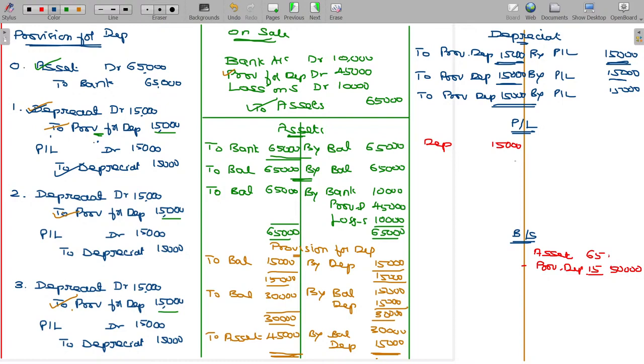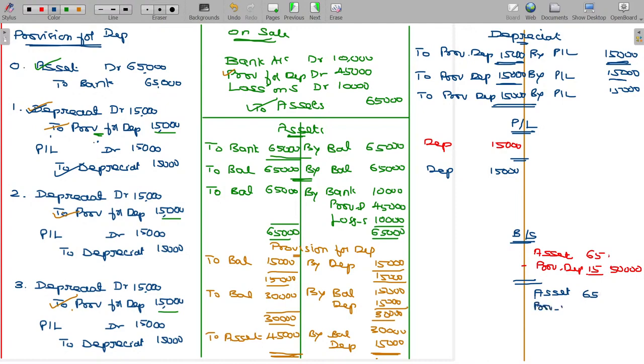Second year என்ன ஆகும்? Second year also depreciation debited in the P&L account 15,000. Second year balance sheet, இது first year. Second year balance sheet எப்படி இருக்கும்? Asset எவ்வளோ? 65,000. It remains at its own original value. The original value of the asset remains undisturbed.